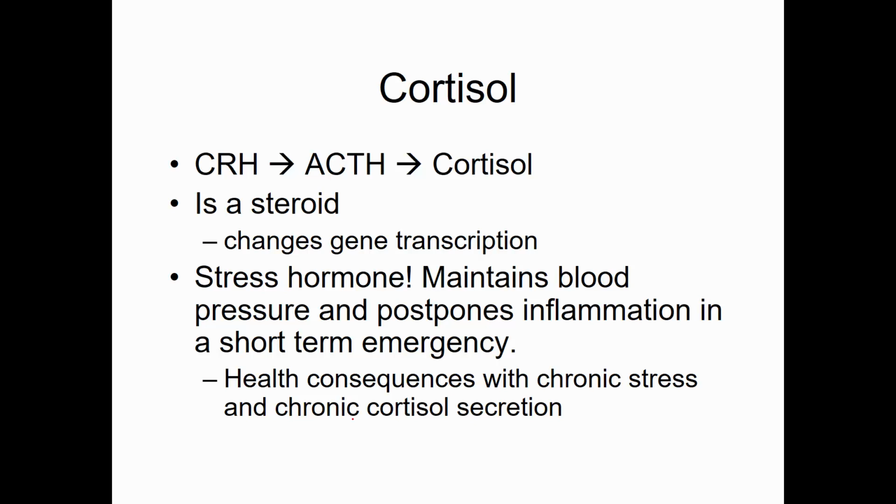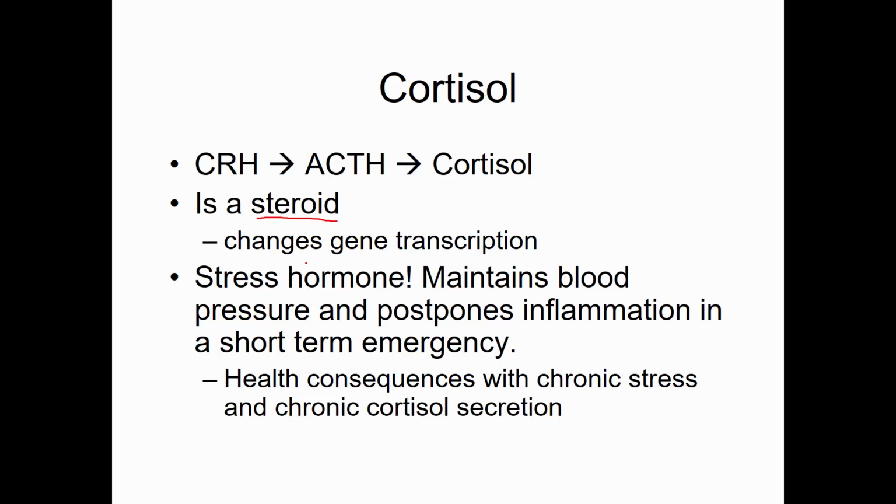So what does cortisol do? I'll just briefly tell you that it's a steroid, so we know it works on intracellular receptors and changes gene transcription. It's a stress hormone. It helps us maintain our blood pressure during a stress, and it postpones inflammation in the short term until the emergency's over, and then you can go somewhere and heal.